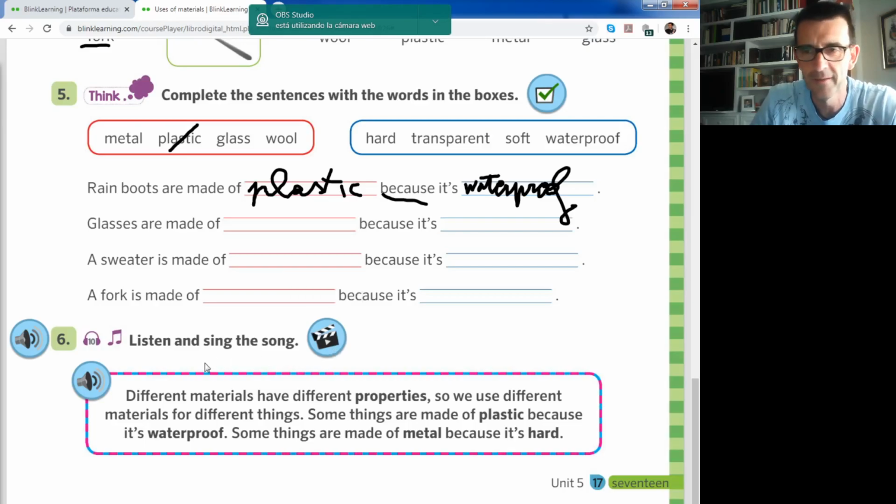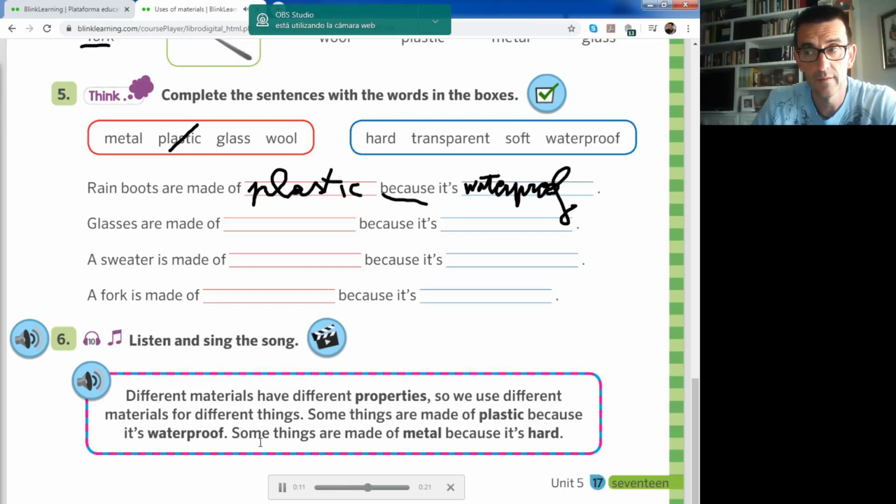And finally, pay attention to the last piece of information in these 2 pages, but very important to bear in mind, because all the things that we have in big boxes like this with black letters is because it's very important. Page 17. Listen. Different materials have different properties, so we use different materials for different things. Okay.